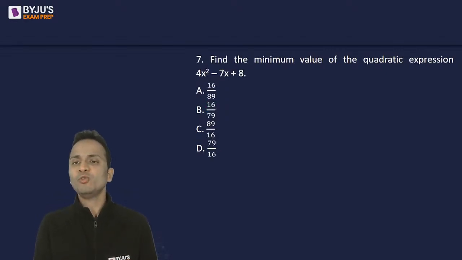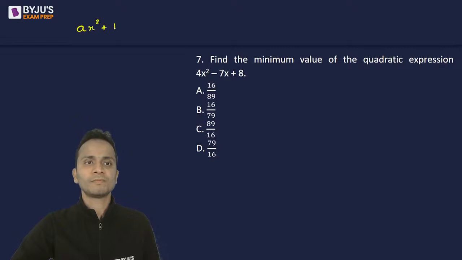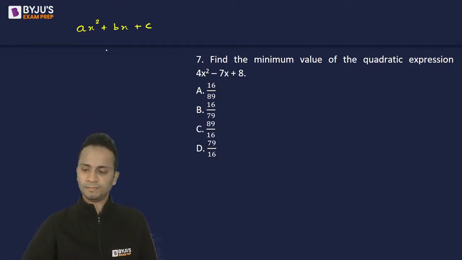Find the minimum value of the quadratic expression 4x square minus 7x plus 8. Minimum value of the quadratic expression. 4x square minus 7x plus 8.